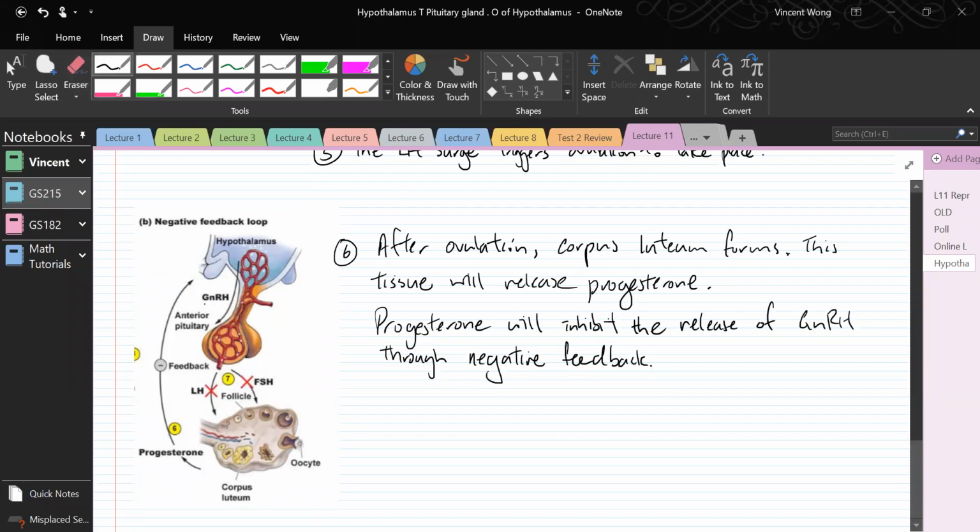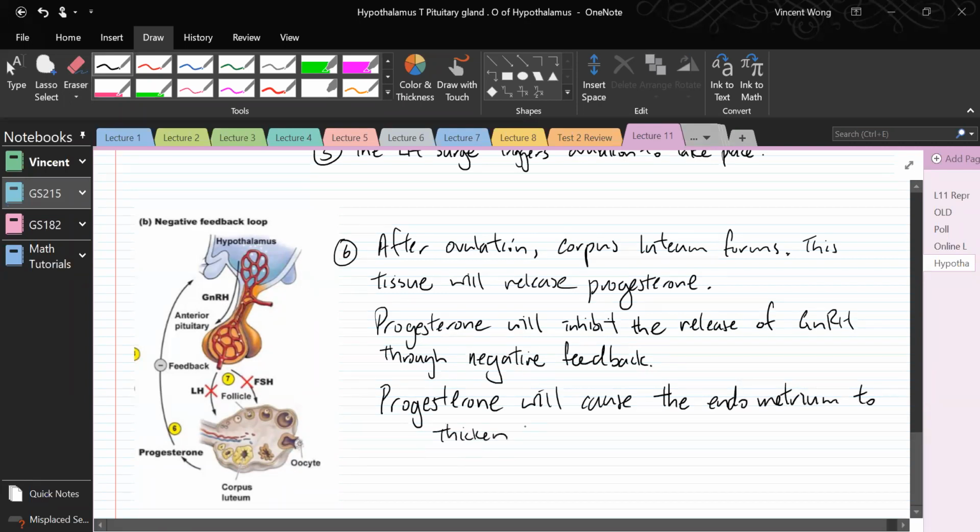Also, the egg is in the fallopian tube now, so there is a chance for pregnancy to take place, which is why the second thing that the progesterone will do is it will cause the endometrium to thicken further.